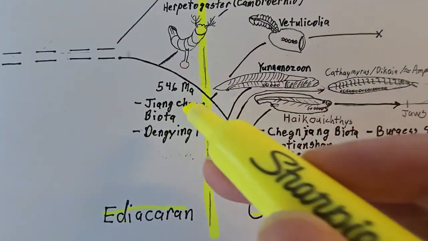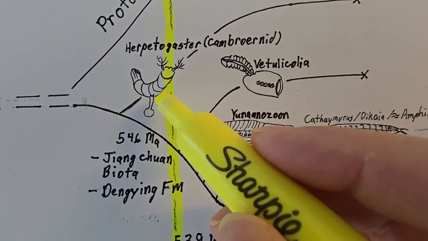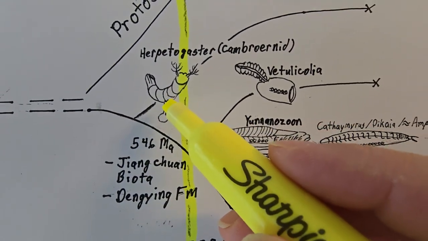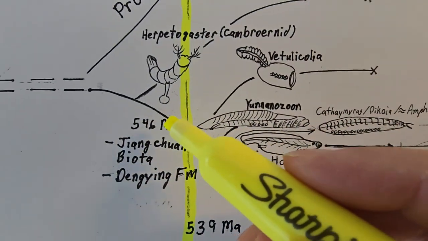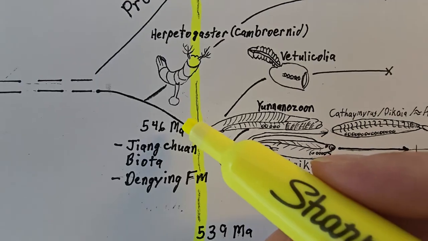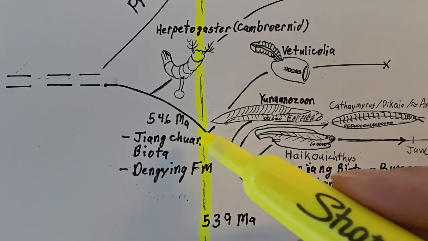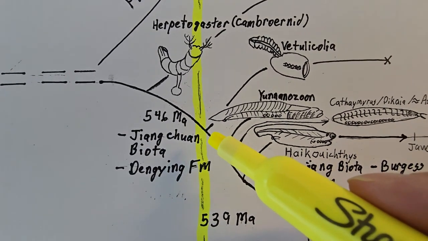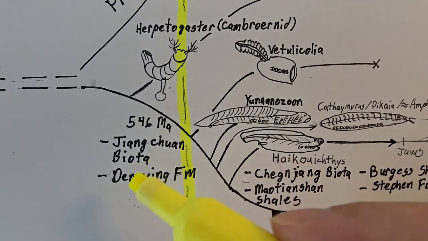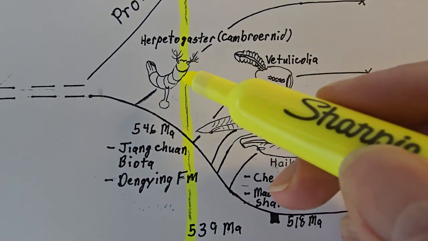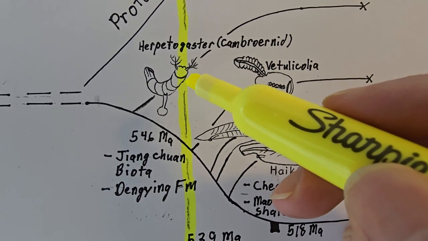So we're back here in the Precambrian, and we have our first probable part of the chordate lineage. So we have that taking off and going this way. It was found at about 546 million years ago in the Jiangchuan biota in the Dinying Formation. So this is China, and China is producing a lot of these amazing fossils.